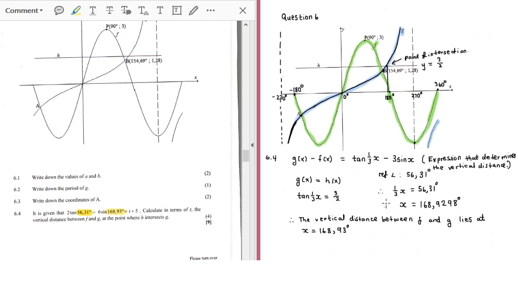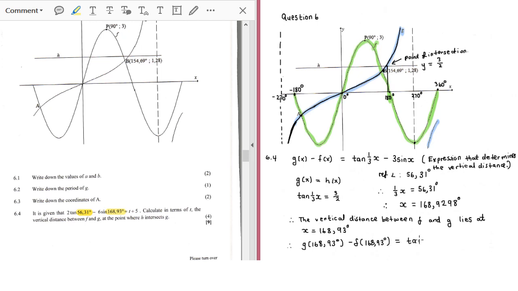So how do we move forward from here? Well, if these angles that are showing up over here are in the given statement, then we need to substitute this x value into the expression that determines the vertical distance. So we're going to be looking at g of 168.93 degrees minus f of 168.93 degrees.